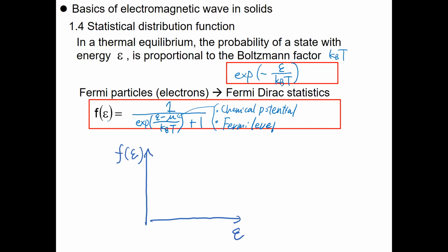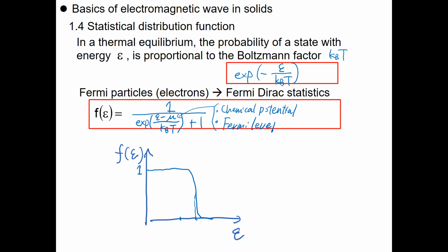At each epsilon position, you can know how large the ratio is that an electron occupies a state. And this function looks like this.